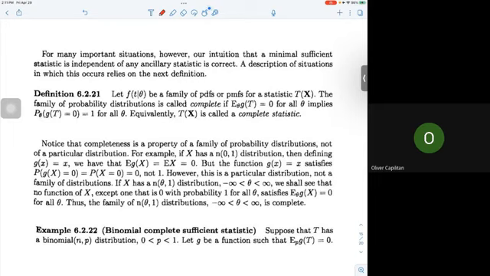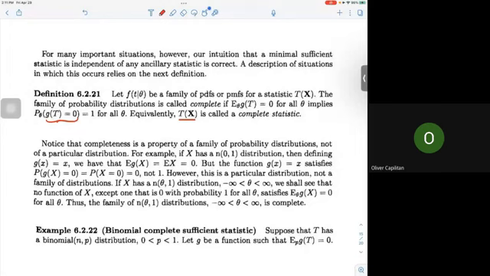That means we have a sure event here because the probability is equal to 1 for all theta. Take note that in our definition, this statistic is a complete statistic if the family of probability distributions is complete.